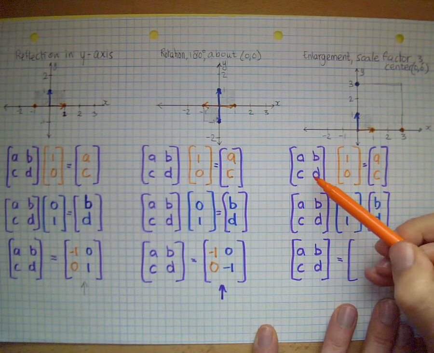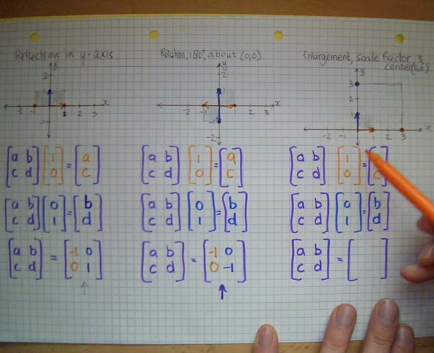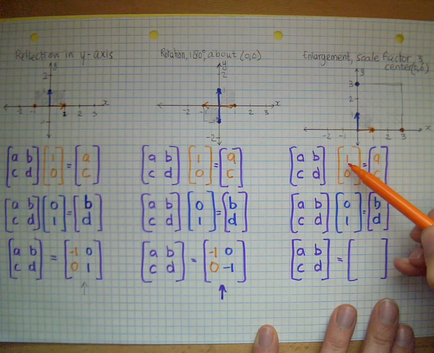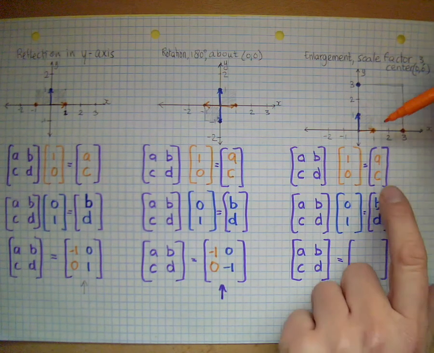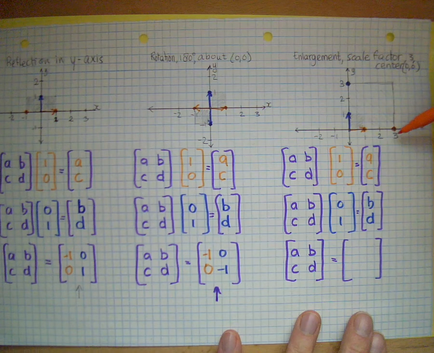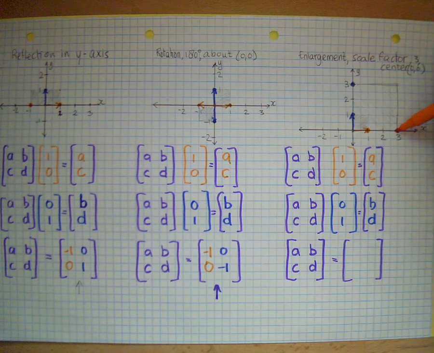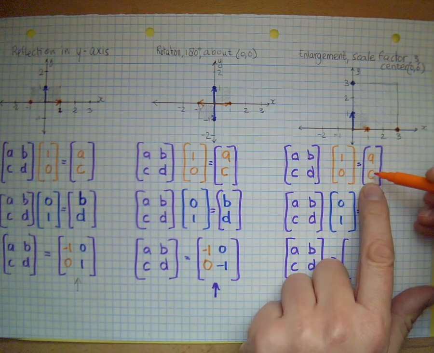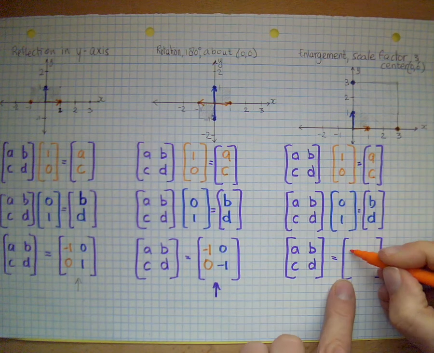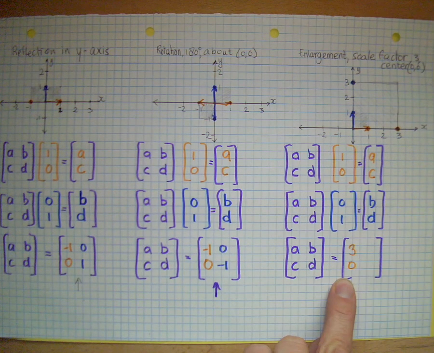We applied the transformation matrix to the vector 1, 0, to this one, and it gave us the result of this point. The resulting vector was this. This point is 3, 0.